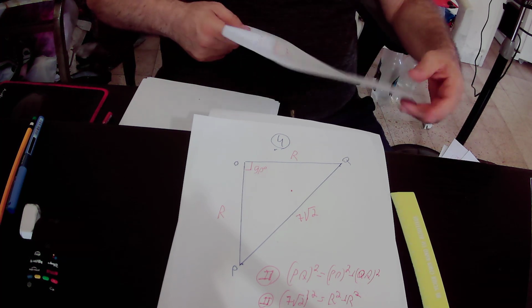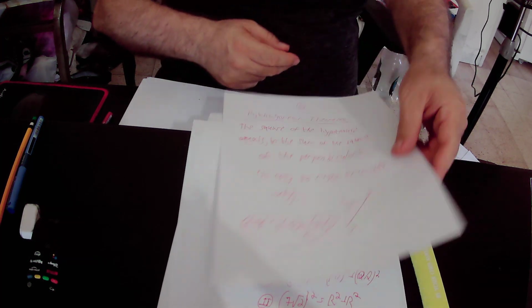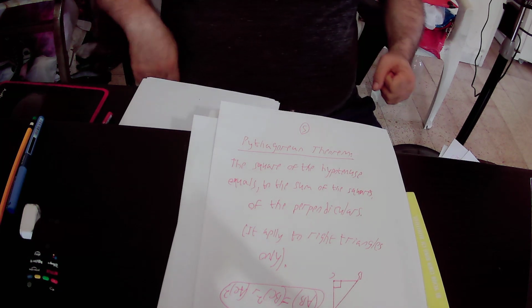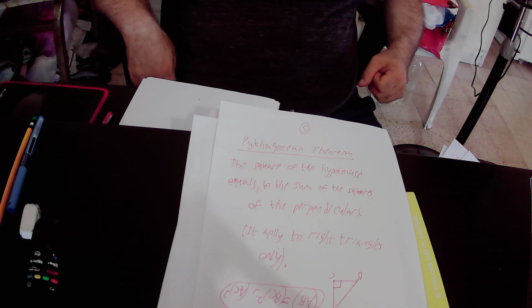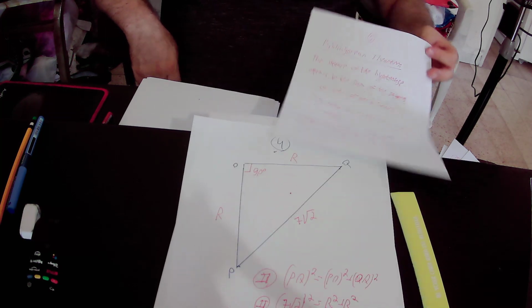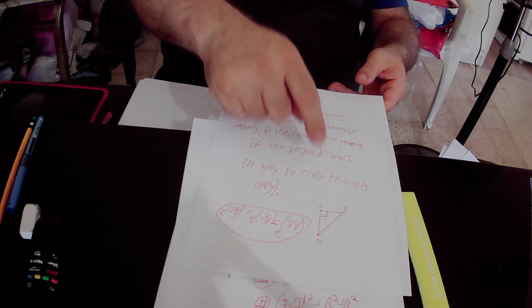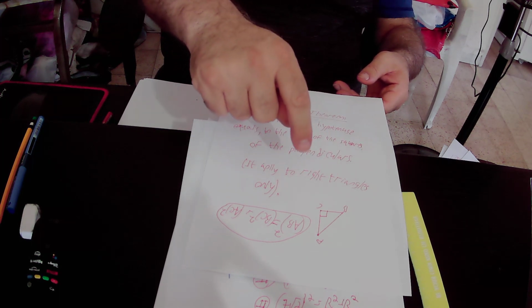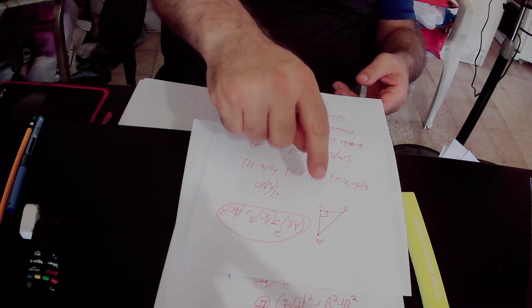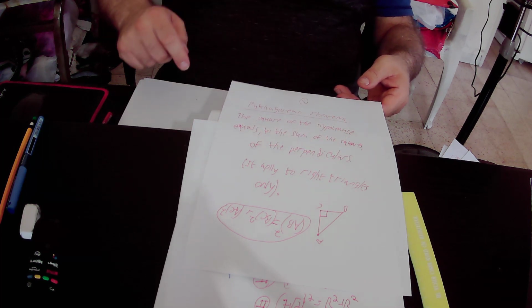According to the Pythagorean theorem, the square of the hypotenuse equals the sum of the squares of the perpendiculars, and it is only applied to right triangles. So the square of the hypotenuse, that is to say AB square, equals AC square plus BC square.